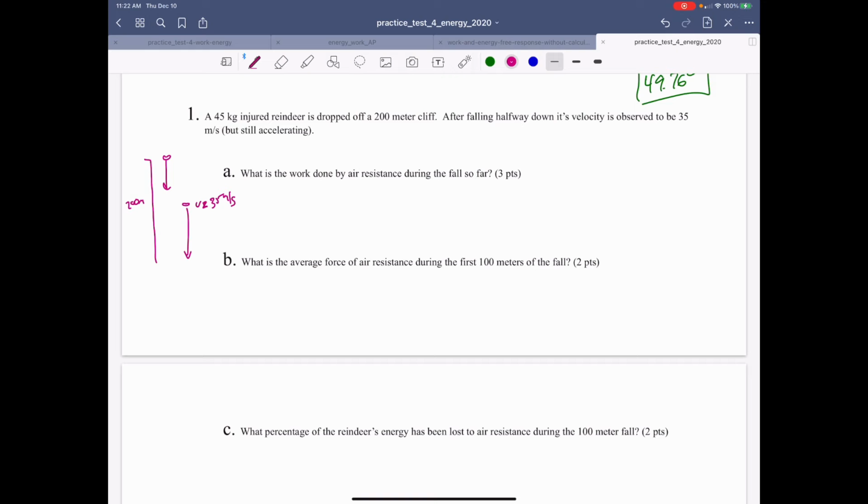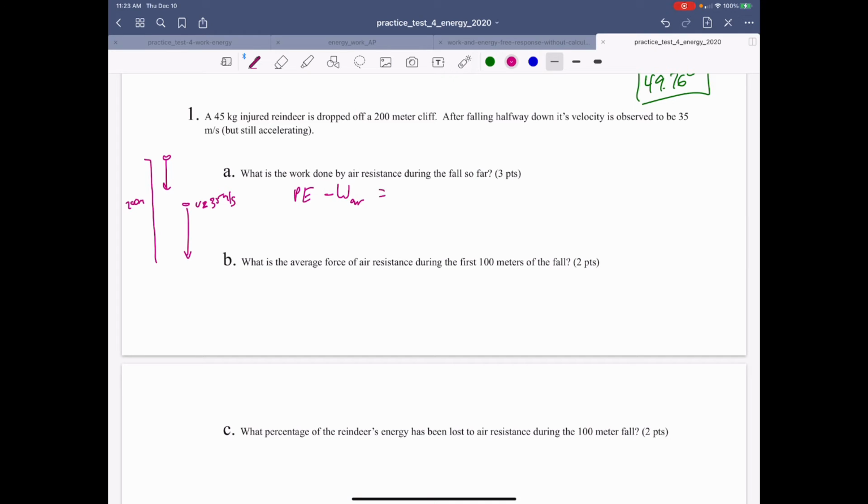So the fact that there's air resistance means that if there was no air resistance, we can imagine that it would be faster than 35 meters per second at that moment. But air resistance has been doing some work to slow it down. So let's take a look at our energy. We had potential energy. Now, as it falls, it's going to lose some of that due to the work done by air resistance.